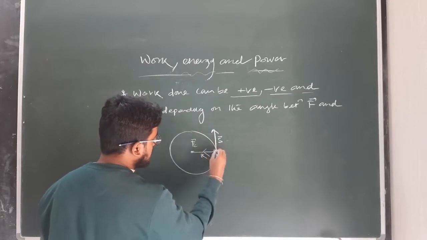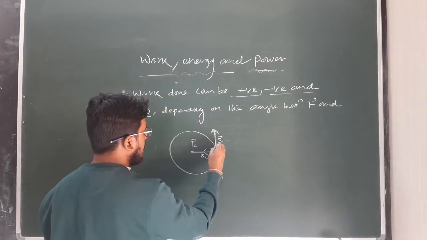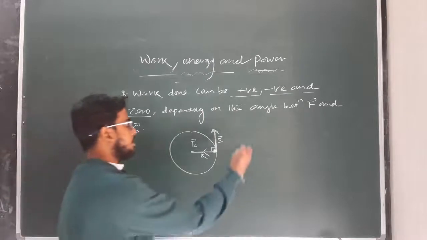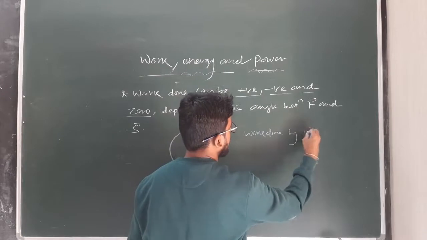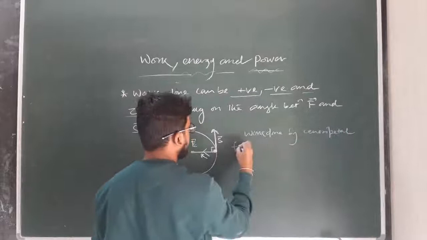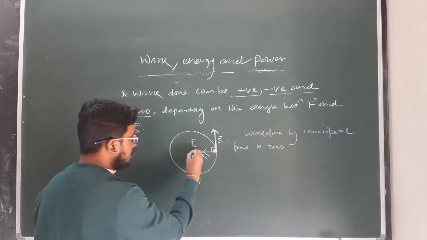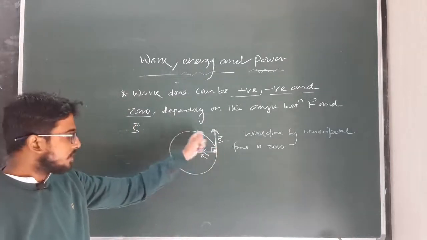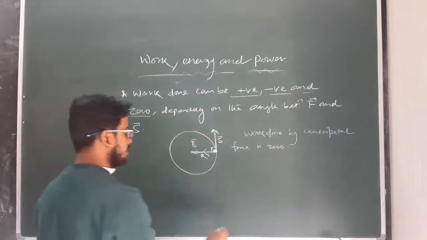So in this case, the displacement of the body and the force due to which the body is revolving have an angle between them of 90 degrees. So here the work done will be 0. So work done by centripetal force is 0, because the angle between centripetal force and the instantaneous displacement of the body which is executing uniform circular motion is 90 degrees. Clear?